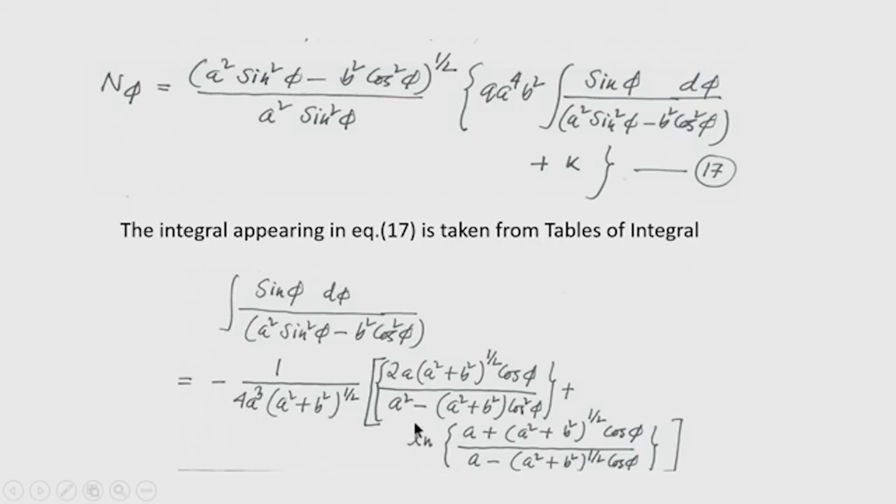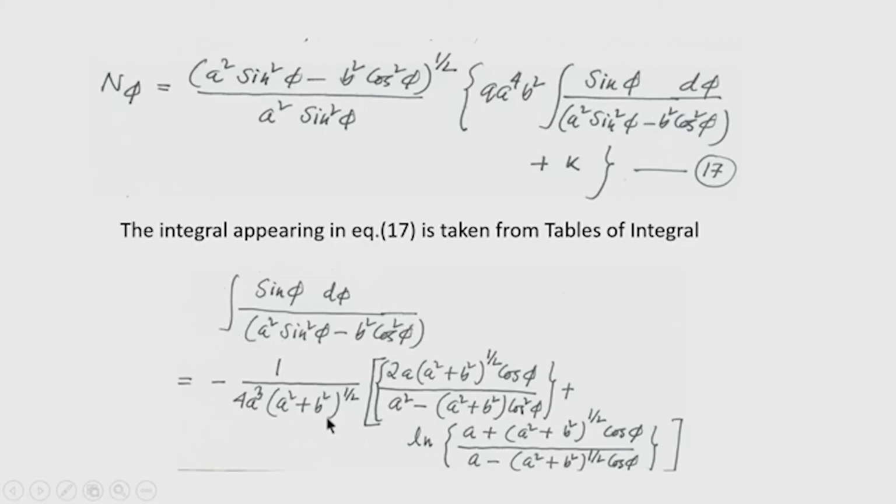So, ln of (a plus (s square plus b square) to the power half cos phi) divided by (a minus (s square plus b square) to the power half into cos phi). Though this integral is lengthy, it can be found after integrating this expression.